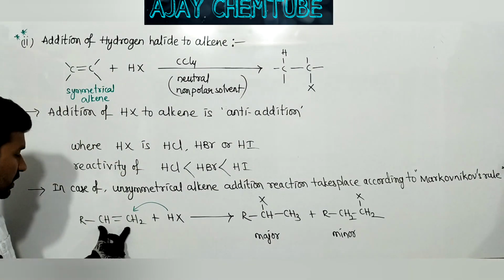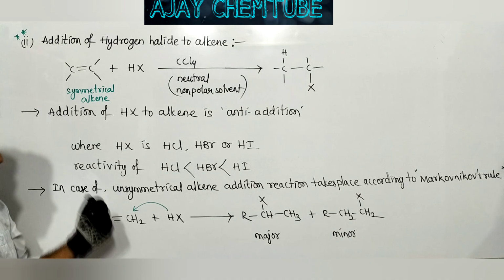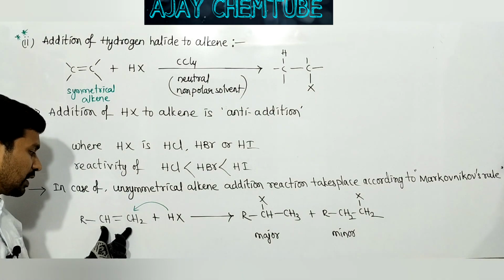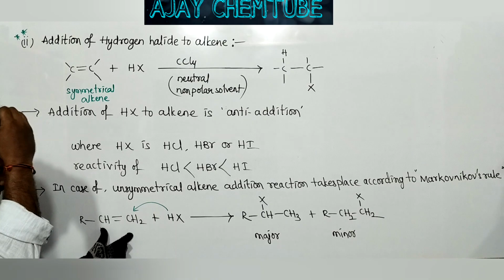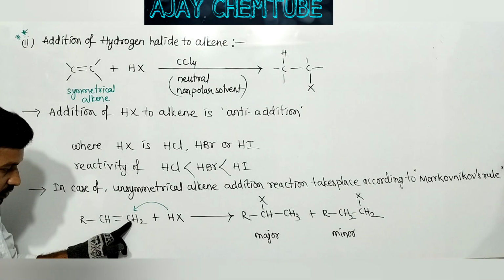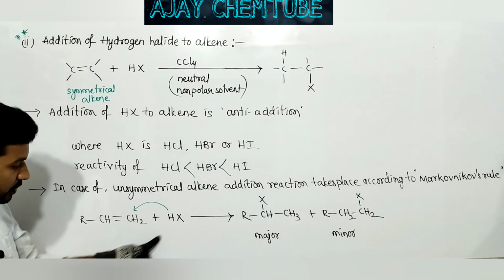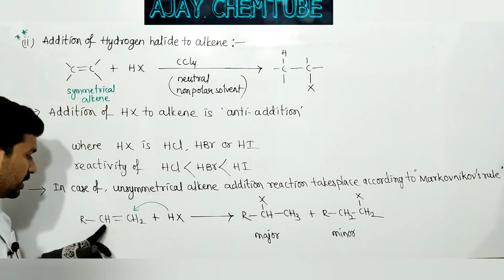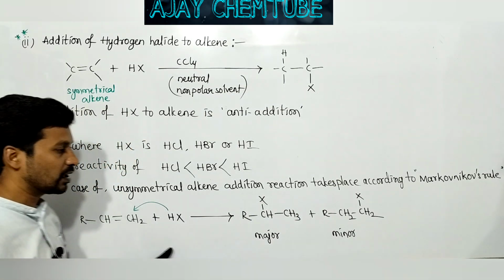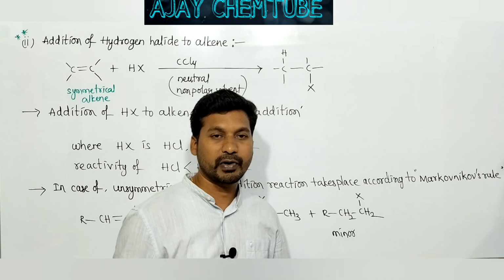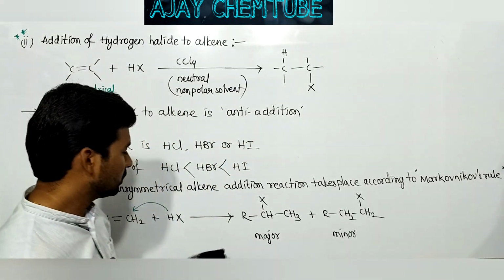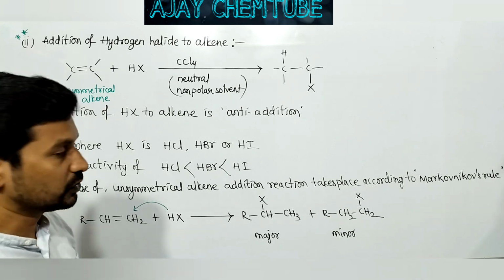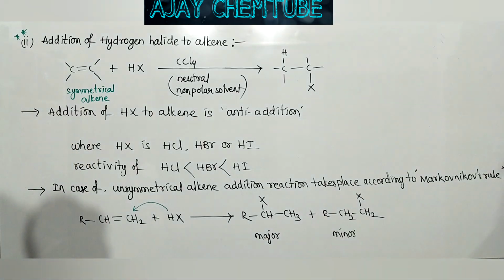But if both double bonded carbon atoms are not the same, then hydrogen particularly adds to this carbon and halogen adds to this carbon, that is the major product. If hydrogen is added to this carbon and halogen to this carbon, that is a very, very minor product. So how does this reaction take place like this? This can be explained by Markovnikov's rule. So first I will explain Markovnikov's rule.